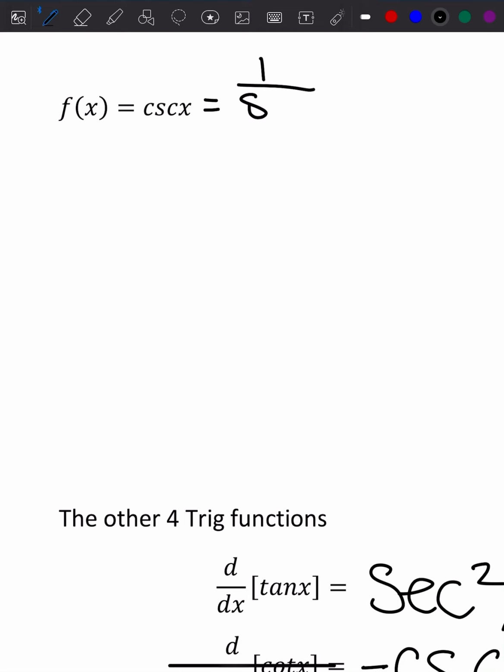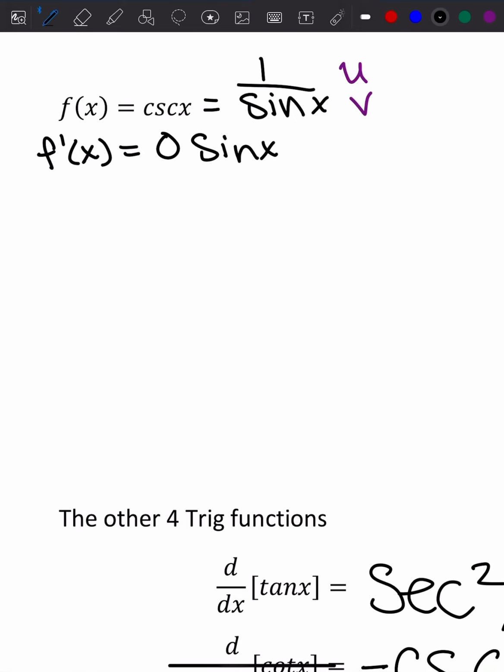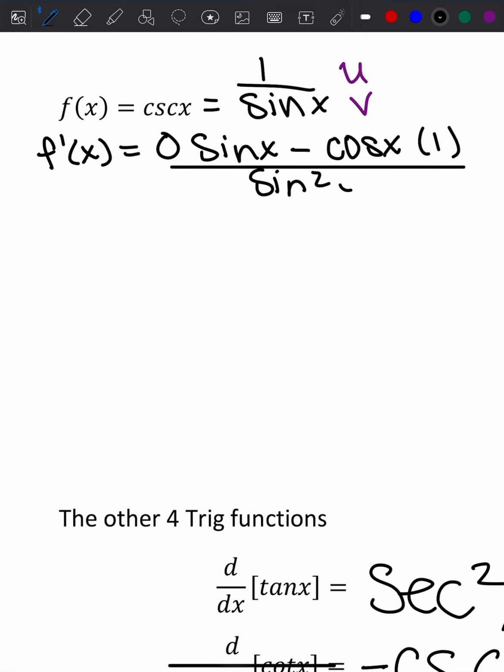Cosecant is the same thing as 1 over sine of x. U is 1, V is sine. So f prime of x equals the derivative of 1 is 0 times sine of x minus the derivative of sine, which is cosine, times 1, divided by sine squared of x.